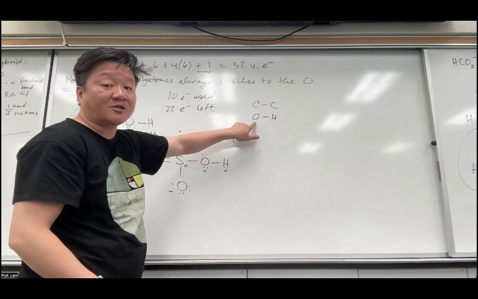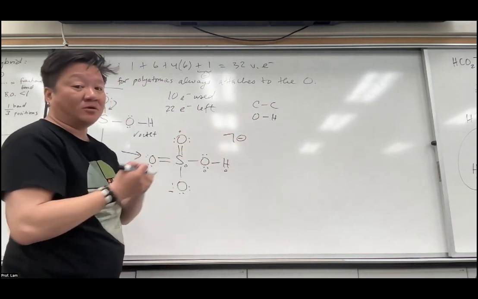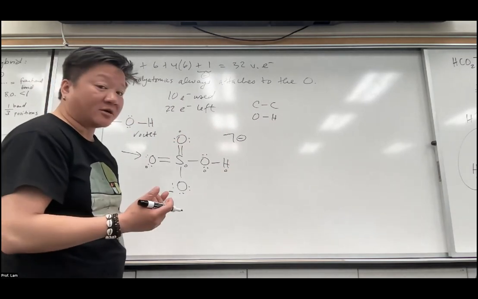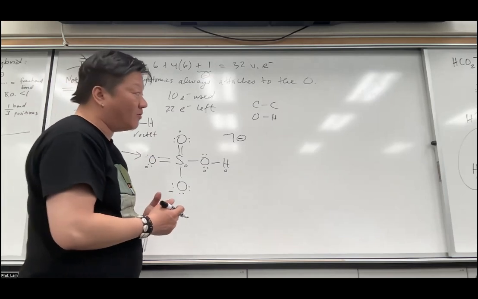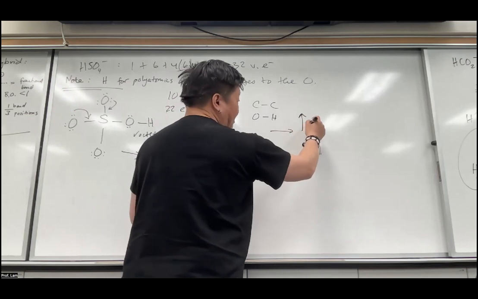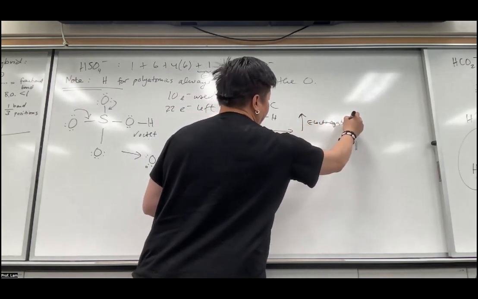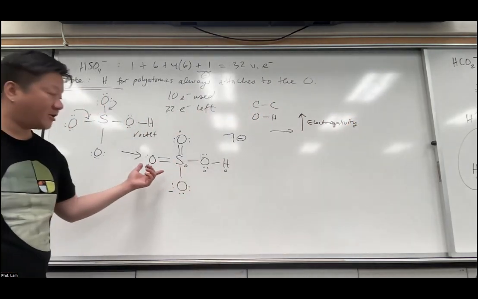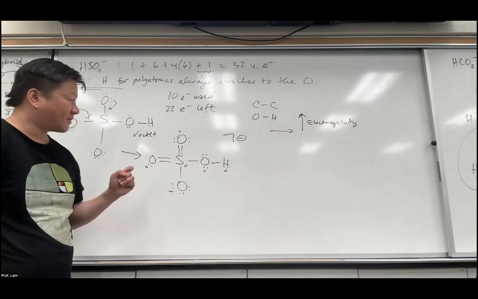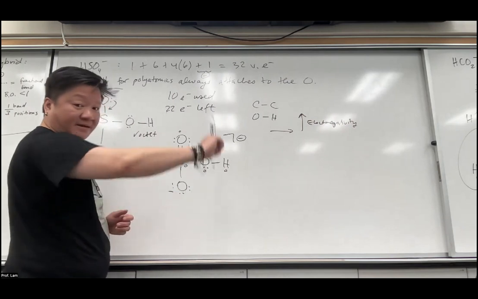So we say oxygen is more electronegative. It has more dominant pull. The electronegativity trend on the periodic table increases as you go to the right and as you go up. If you compare oxygen, sulfur, hydrogen, oxygen is the most electronegative because it's most to the right and up.